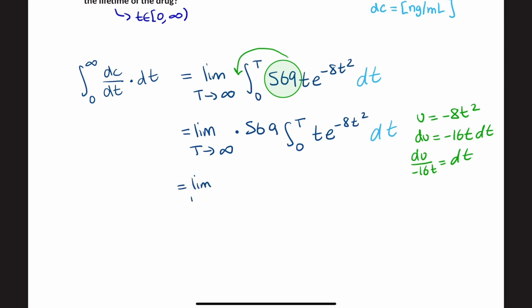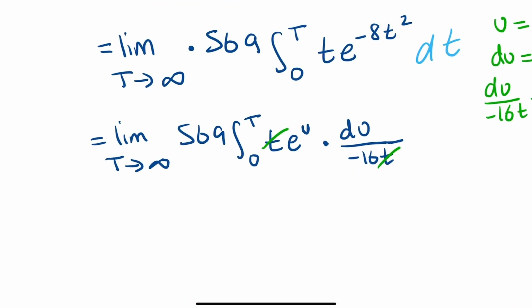So we can say this is the limit as t approaches infinity, 569 multiplied by the definite integral from 0 to t of t multiplied by e to the u multiplied by du over negative 16. And t at the end as well. And then we see that the t's simply just cancel out, and then we're just left with e to the power of u multiplied by du, and we also have a constant of negative 1 over 16 inside the integral.